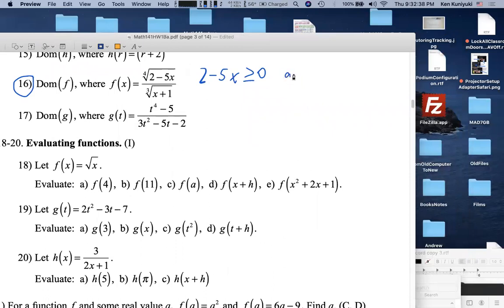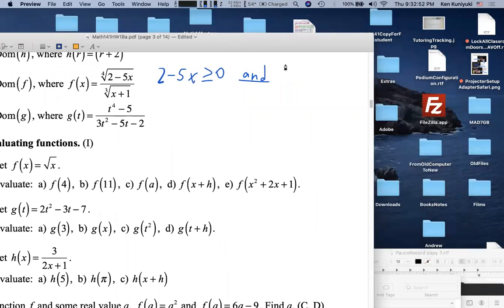And there is another restriction. The denominator cannot be what number? The denominator cannot be 0. So when is this cube root guy 0? The cube root of x plus 1 must not be 0.